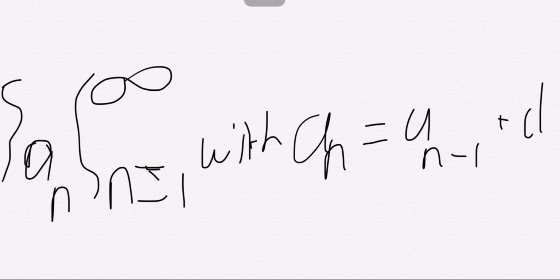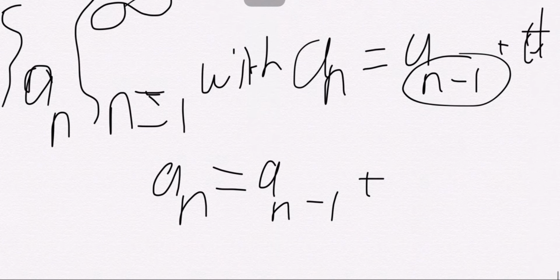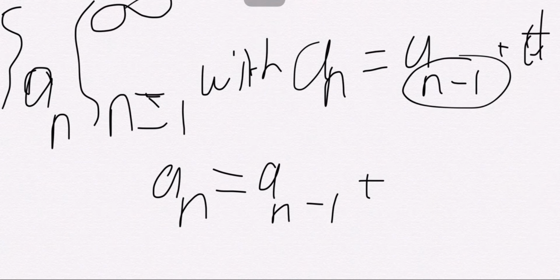As I wrote earlier, now let's plug everything in. We keep the n minus 1 because that's our index. So we get a sub n is equal to a sub n minus 1 plus -2. This is how you represent it the recursive way.